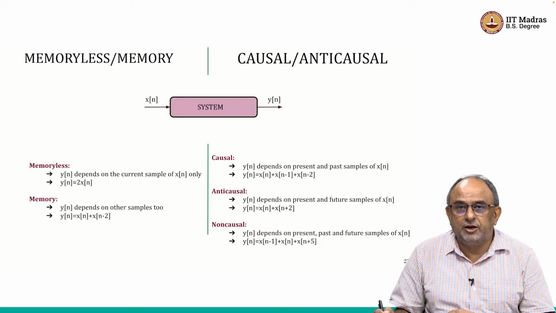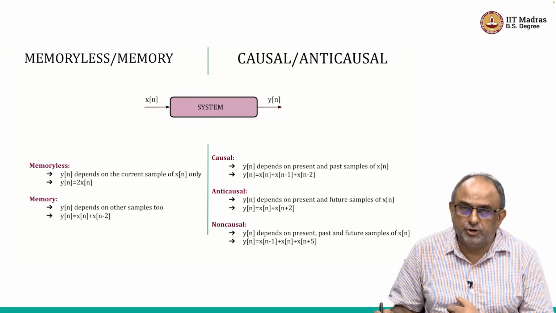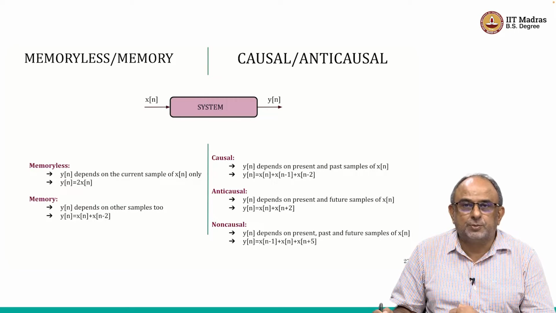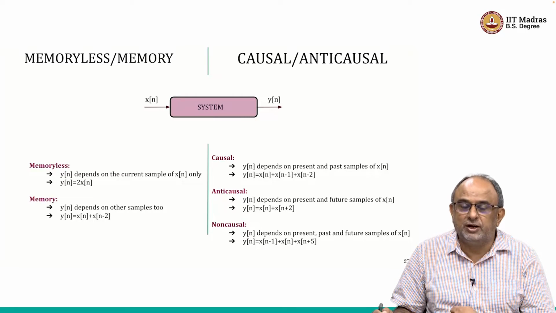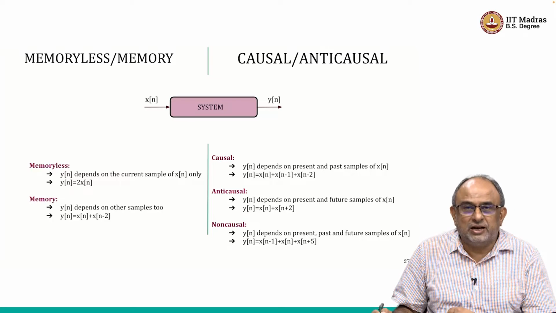Memory means, does it depend on the future or past samples. So, in digital signal processing, memory can be in the future, because sometimes we can store data and look ahead also, okay. And therefore, it looks unnatural.